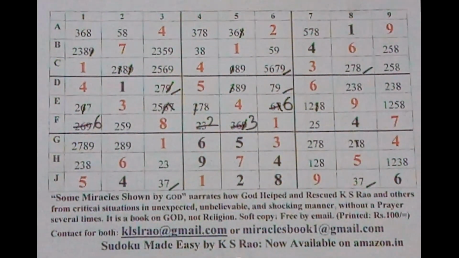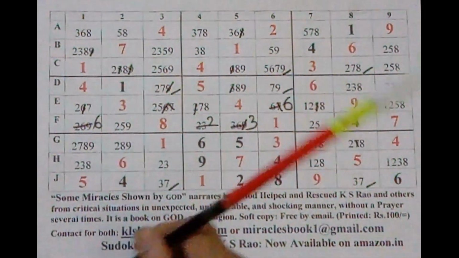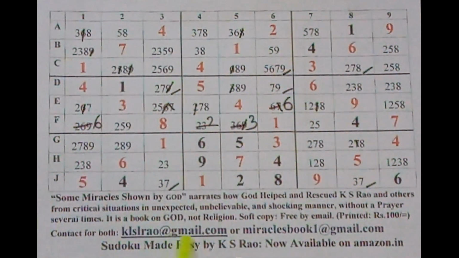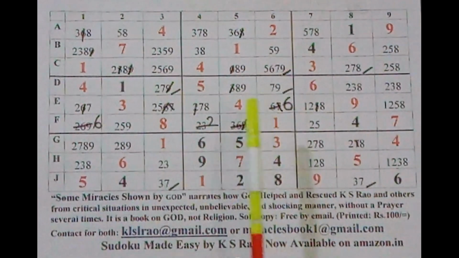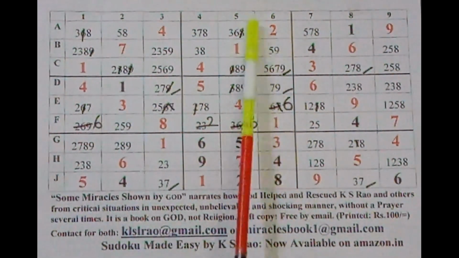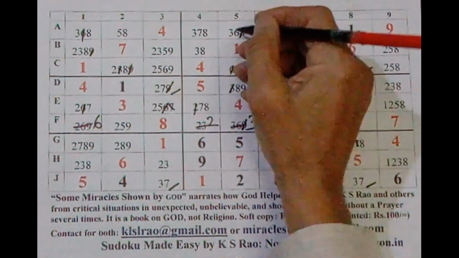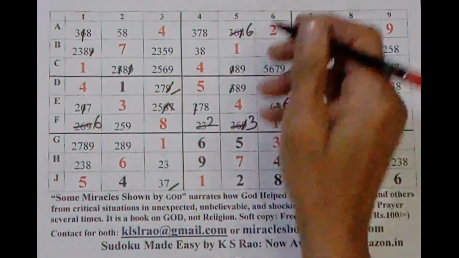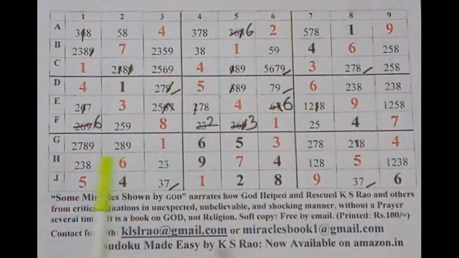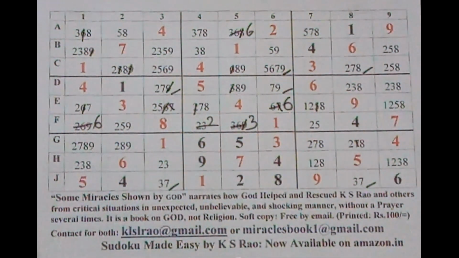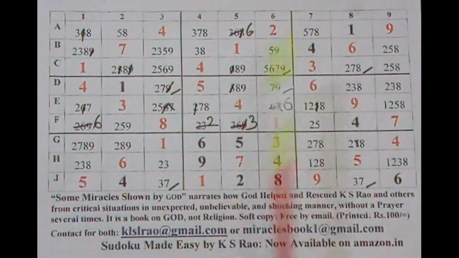And then after writing this 6 here, look above, that 6 gets deleted, and what else happens? This 3 enables us to delete the 3 at F5, so we get a 6 there, and incidentally that's the only place a number 6 remains there in row A. Okay. So, let's make the corrections.